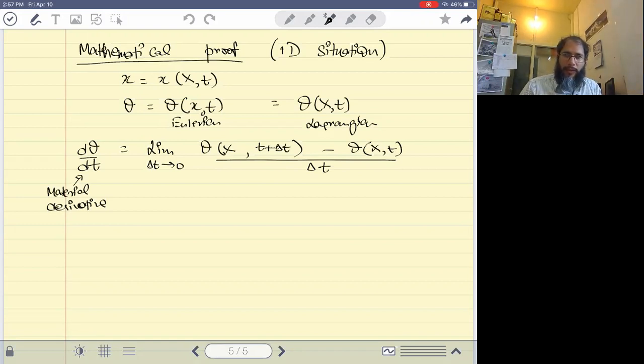So you say limit delta t tends to 0 of theta at x for a later time minus theta at x for a time t, divided by that small time change delta t. So that's the definition of material derivative using limits. Okay. So now we can write this term, or let's write that in words.